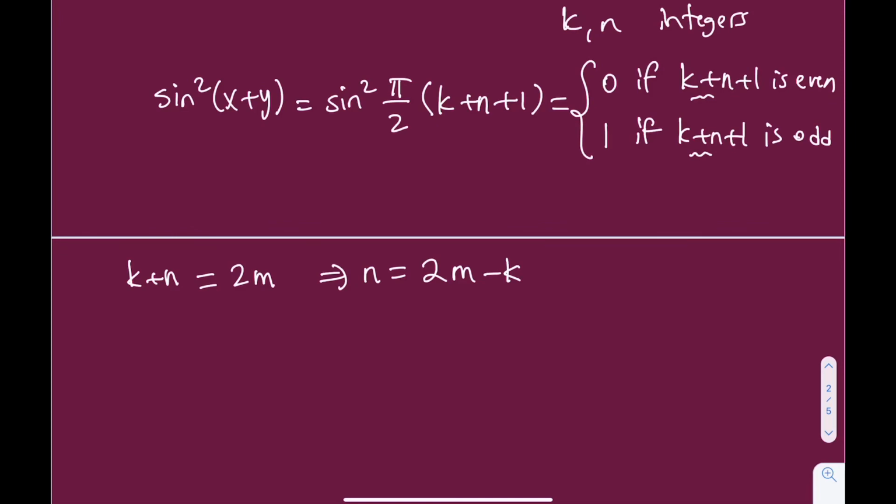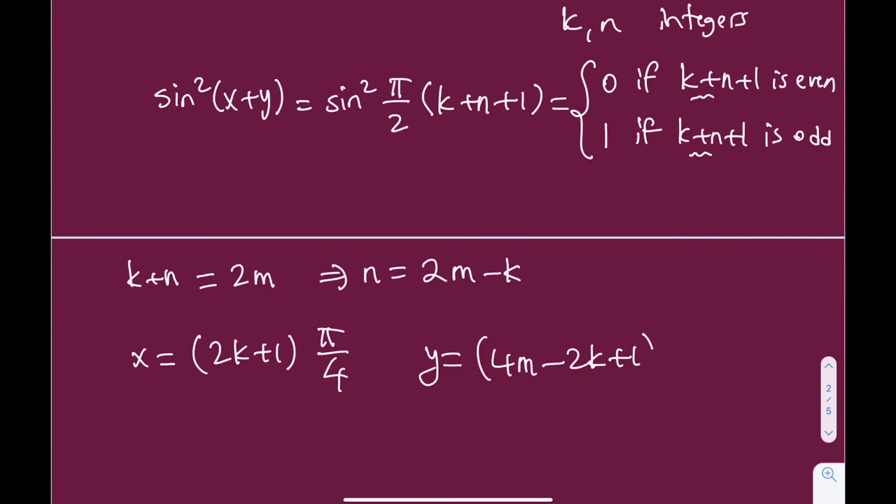So basically, the solutions of this given equation are going to be pairs of the form x equals (2k plus 1) times pi over 4, and then y equals (4m minus 2k plus 1) multiplied by pi over 4. Okay? And we can just go ahead and proceed.